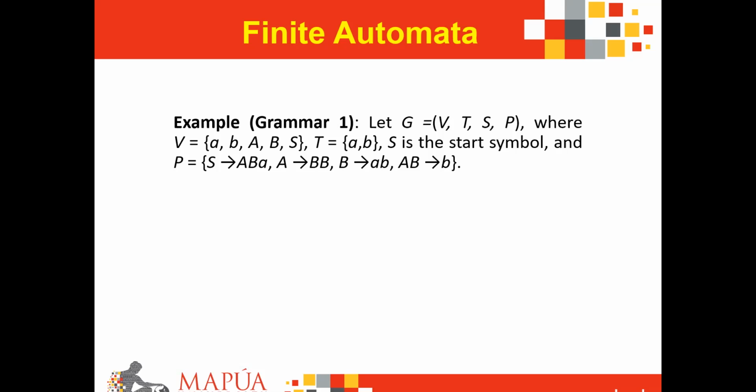Let's try to derive the following language of grammar that can be formed from your given vocabulary containing characters lowercase a, uppercase A, lowercase b, uppercase B, and uppercase S, with terminating characters lowercase a and lowercase b, and S denoted as your starting symbol, pointing to a particular production equal to this.